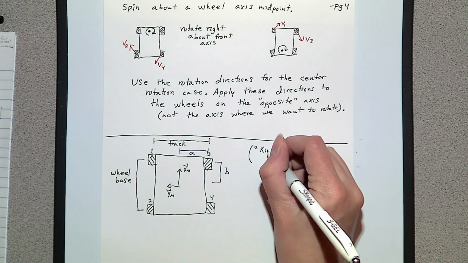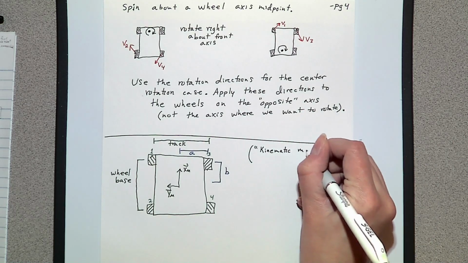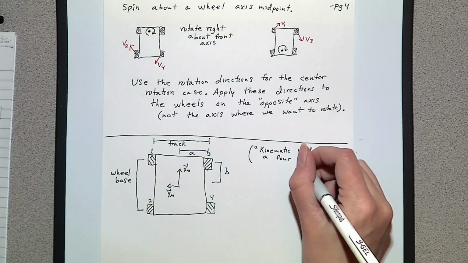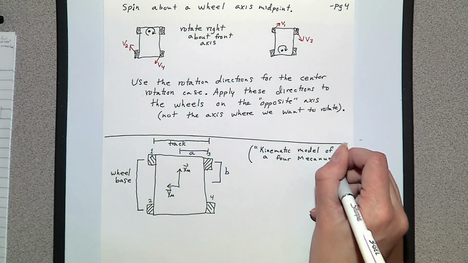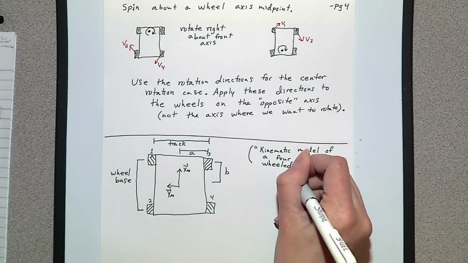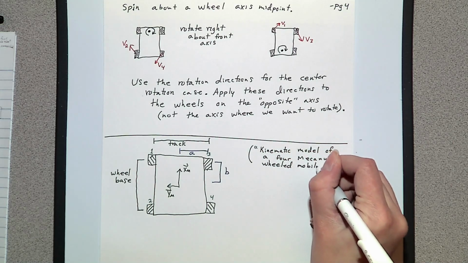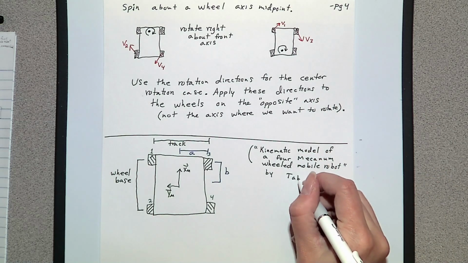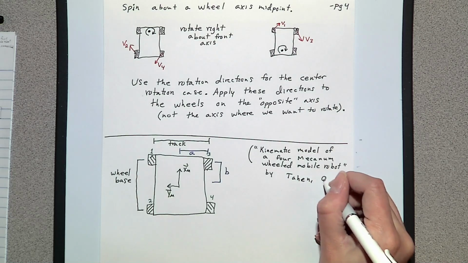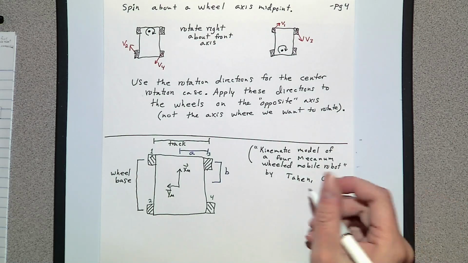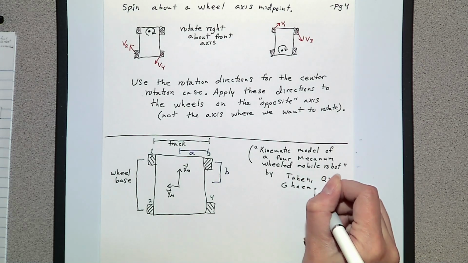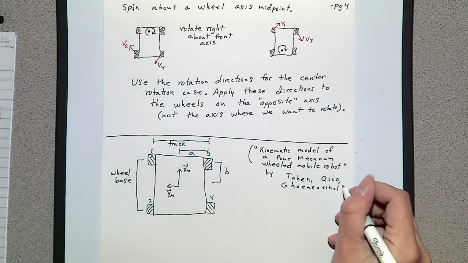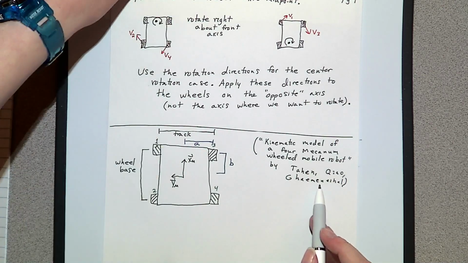So from "Kinematic Model of a 4 Mecanum Wheel Mobile Robot" by Tahin and G. I might have copied his last name wrong.